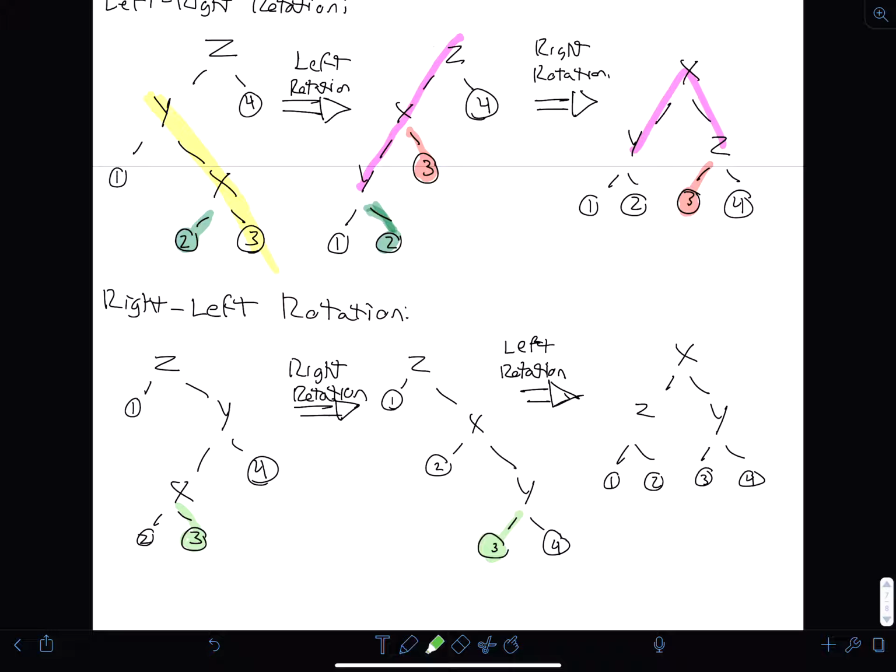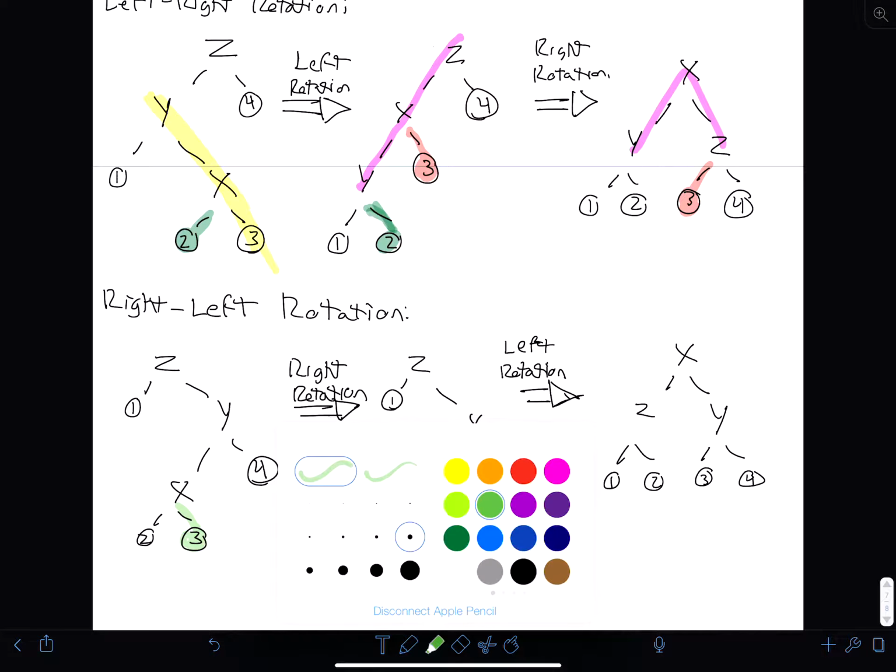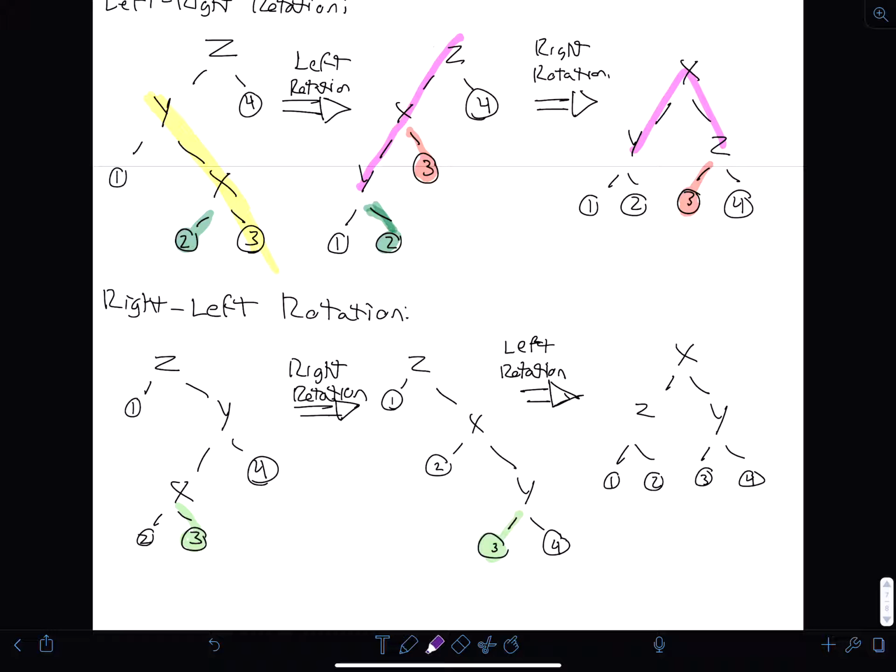You know, your left pointer of X is now pointing to Y, and then the right pointer of Y is now pointing to 3, and so on. So those are all the pointers you get to move around. That's why this assignment is hard, because what happens when you move pointers? You screw up and then it crashes, right?